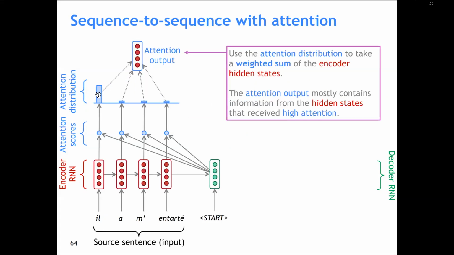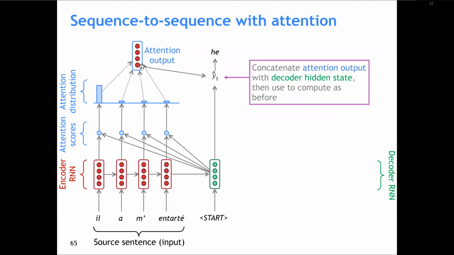From this distribution, you calculate a weighted average. You multiply each score by its hidden state, and then sum them all together. So it's a weighted average of all the hidden states in your encoder, and that gives you your attention output.